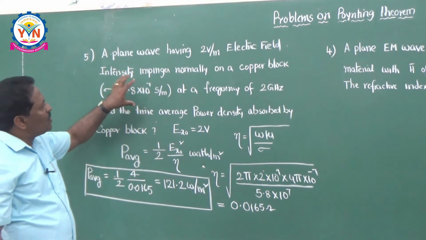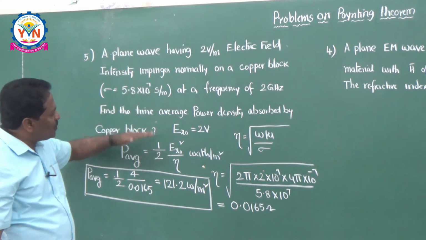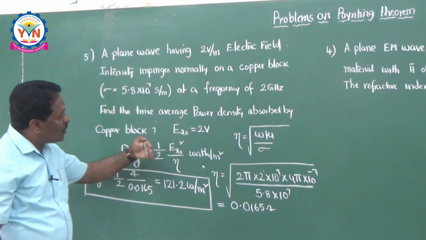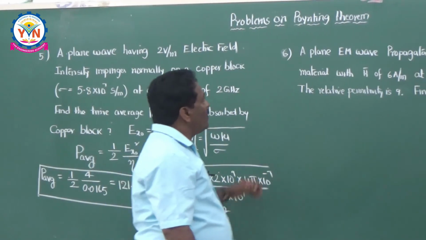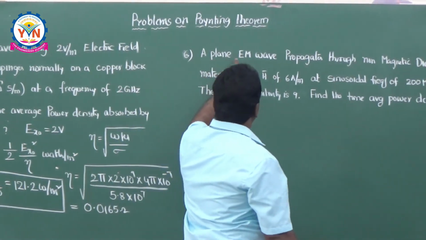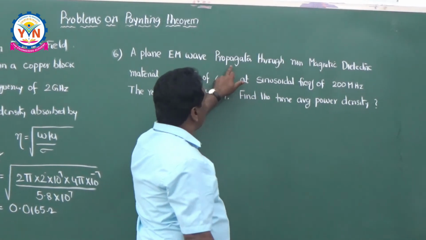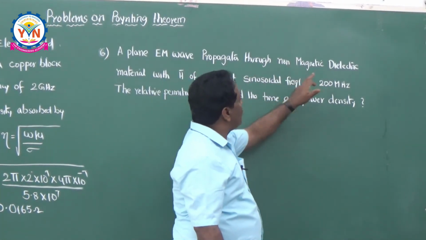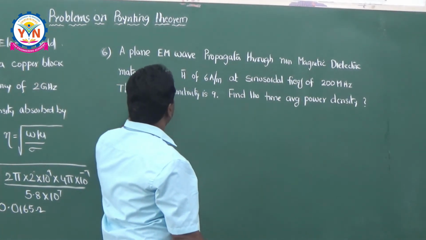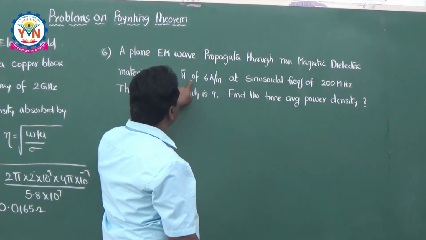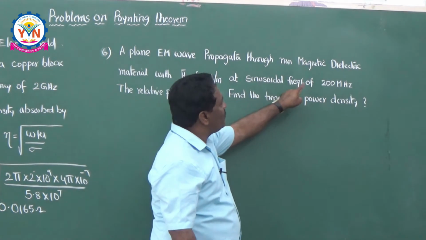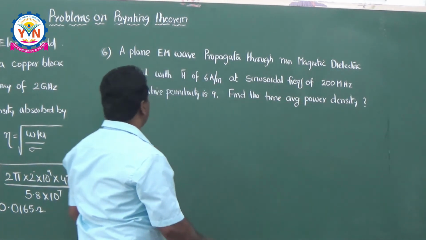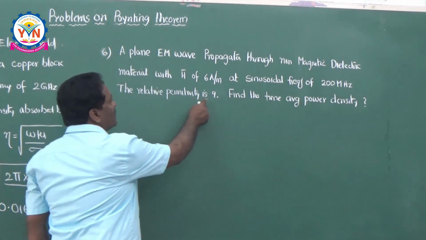So for almost all the problems, you have to use this expression and you have to understand how to find these parameters for a given problem. Coming to this problem, a plane electromagnetic wave propagates through non-magnetic dielectric material with magnetic field intensity of 6 amperes per meter at a sinusoidal frequency of 200 MHz. The relative permittivity is 9.